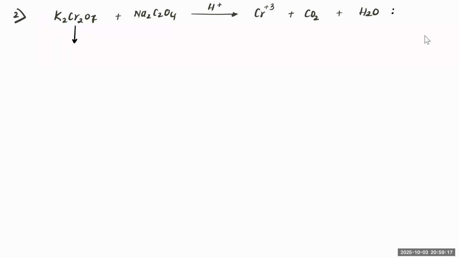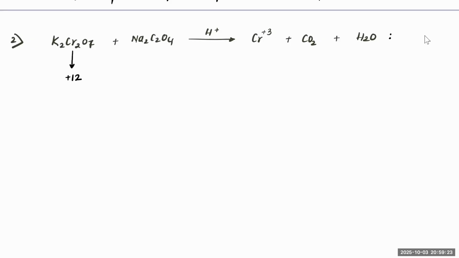So for two chromiums, what is the charge? Plus 12. And since there are two chromiums on the left hand side, make sure that there are two chromiums on the right hand side. Whether it is given or not, you should always mention that. So for two chromiums, how much is the total charge? Plus 6. Similarly, if I have two carbons here, how much is the charge? Plus 6. So that makes two carbons on the right hand side.